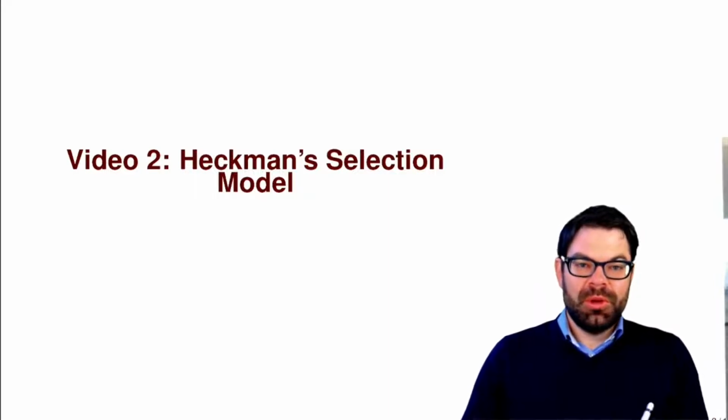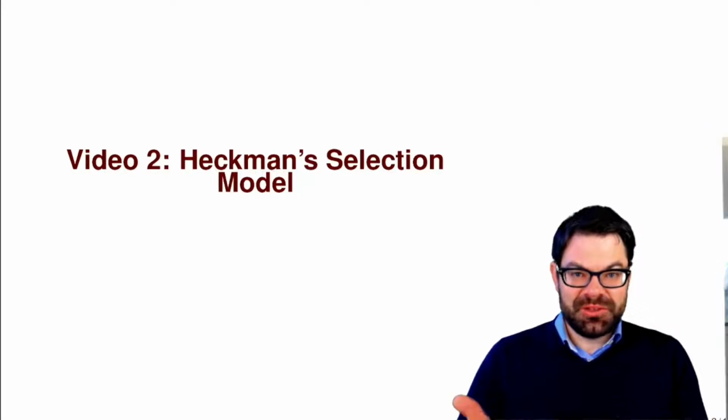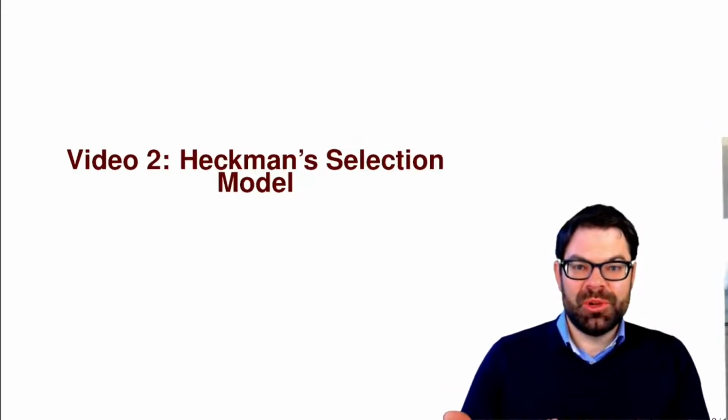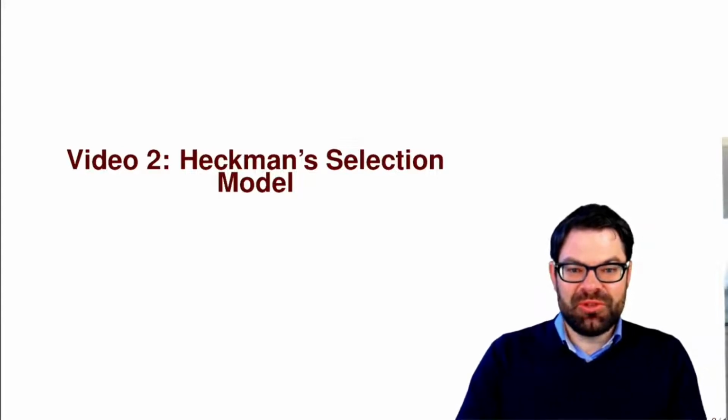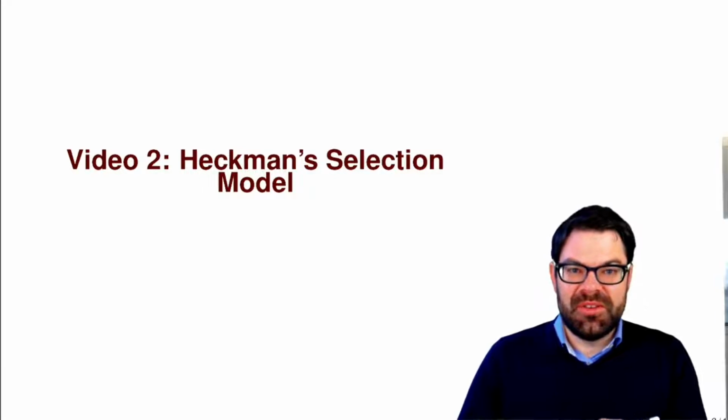In the previous video and starting this lecture, we have talked about selection bias as a big problem for causal inference. It's actually the problem that is central in most applications of causal inference techniques.